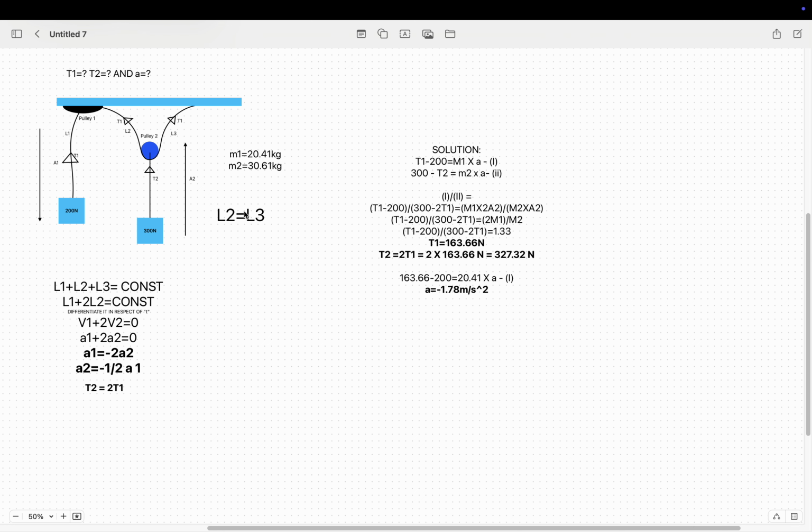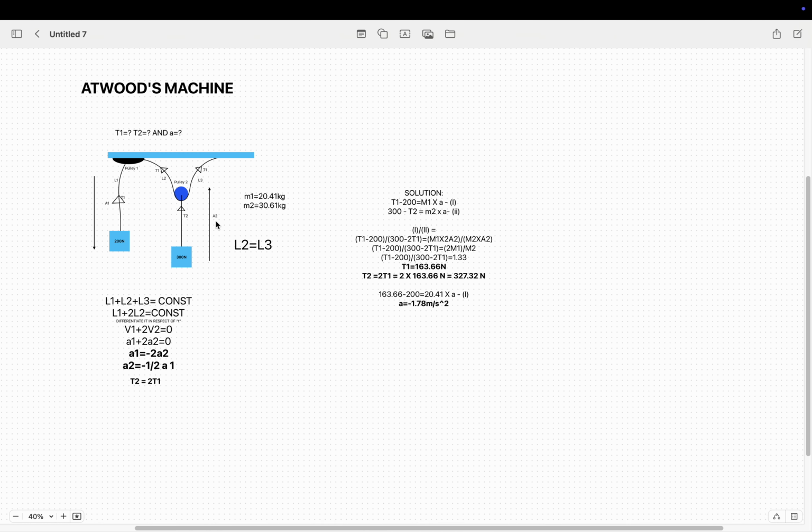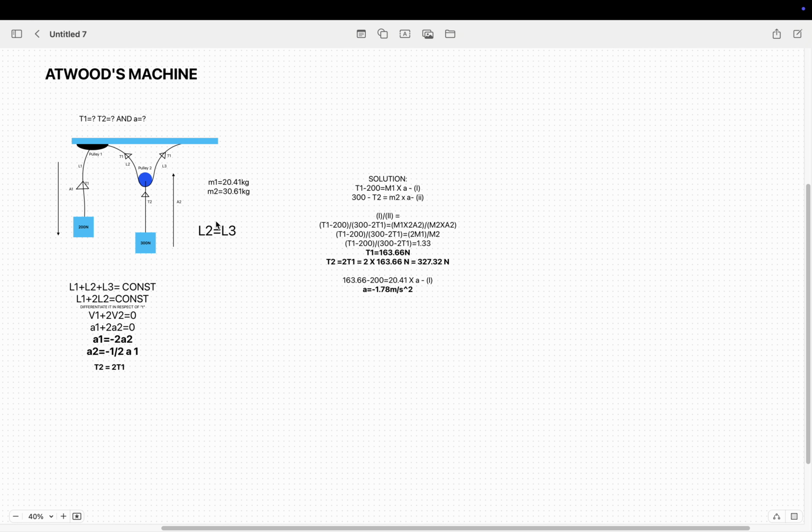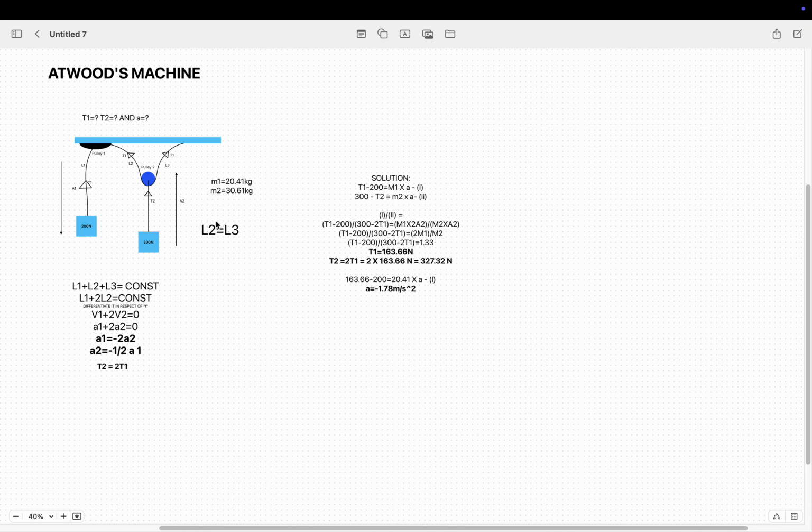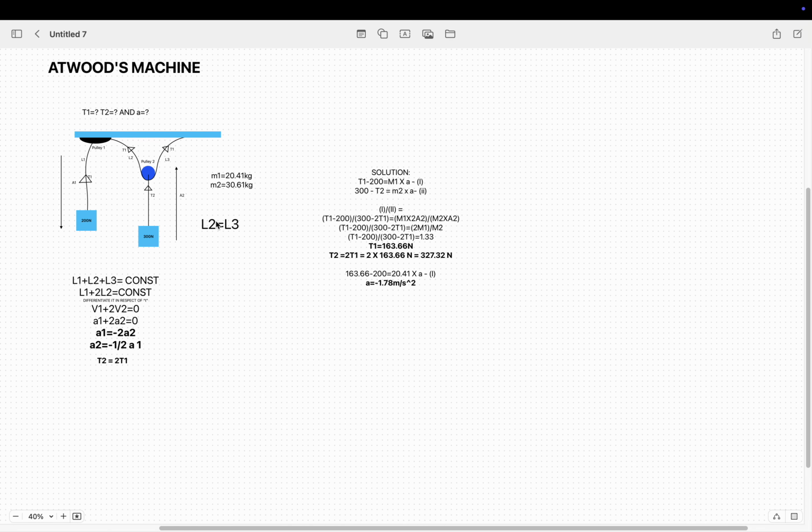So here we can prove that mathematically. You can do it physically if you want. It's very important for engineering, and it's a very critical and technical question for Atwood's machine. So it will be very helpful for your college lectures and upcoming exams. And here we can also see that it's negative, so we can predict its direction.